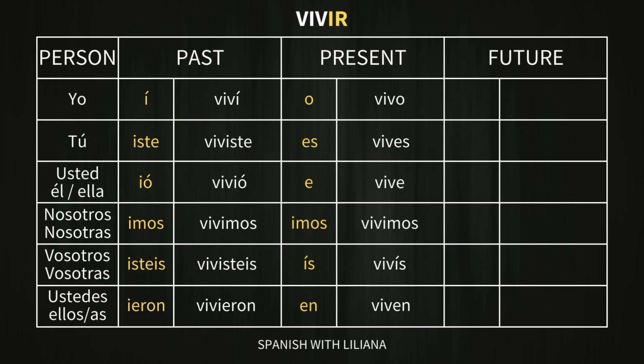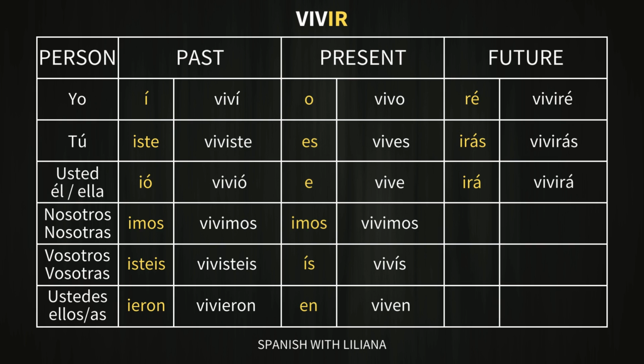In future tense, for the IR verbs, we're going to add ré for yo. Viviré. For tú, we'll use irás. Vivirás. For usted, él, ella, we'll use irá.